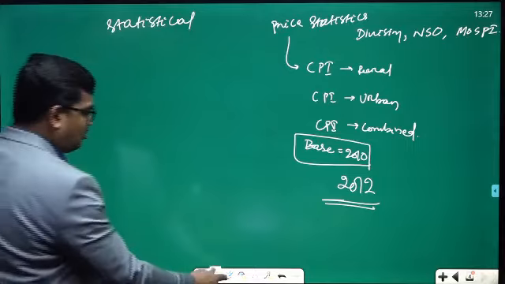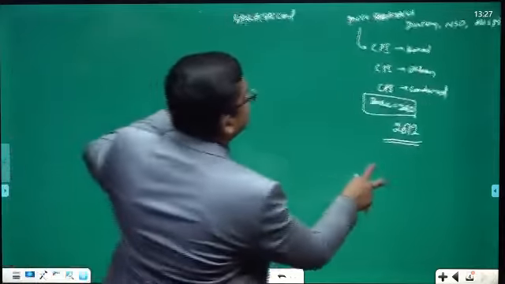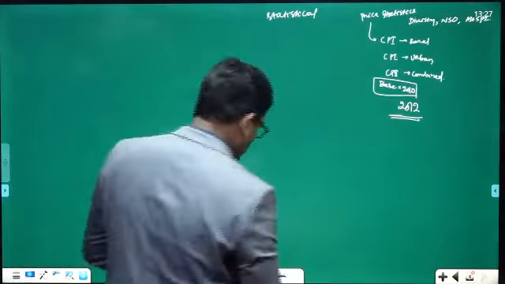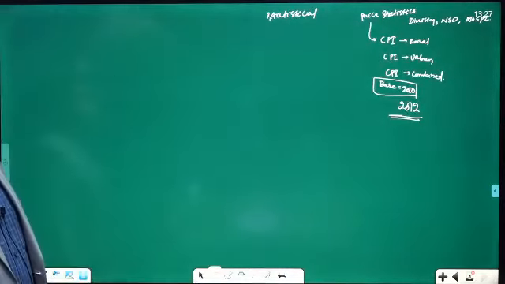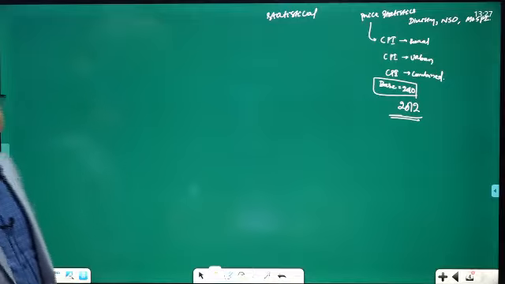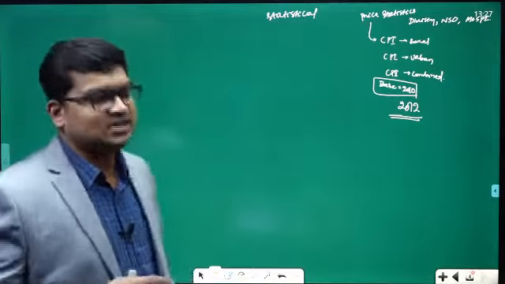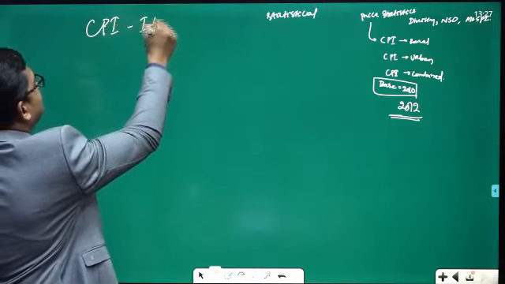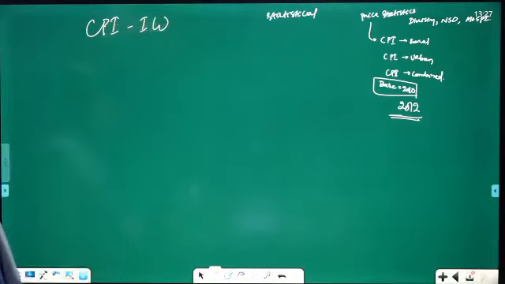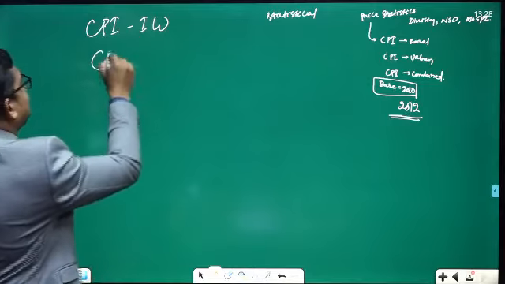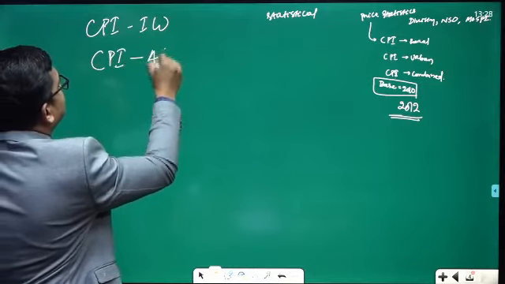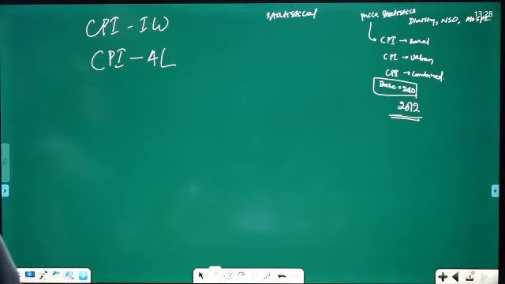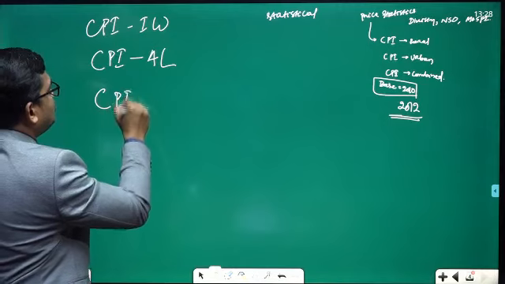Along with these three, rural, urban and combined, there are other CPI indices to measure inflation. The first one is CPI IW, industrial worker, CPI agricultural labor, and CPI rural labor.